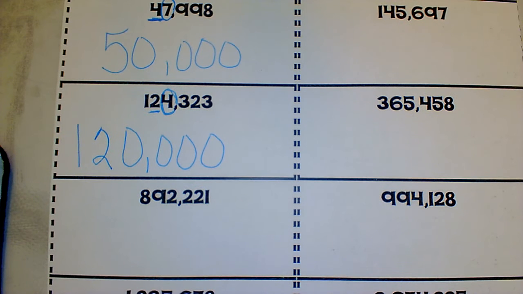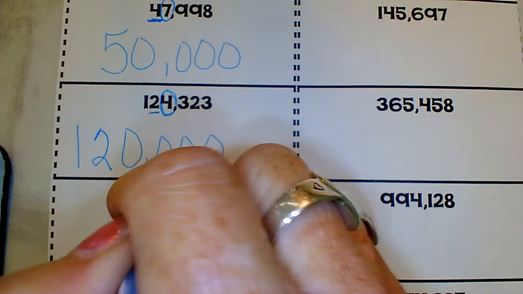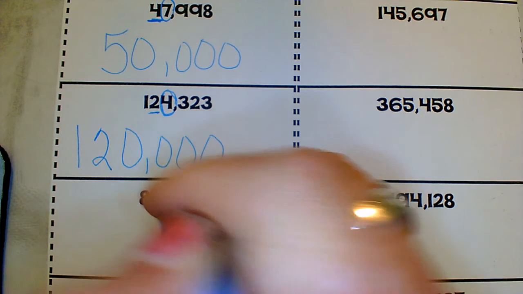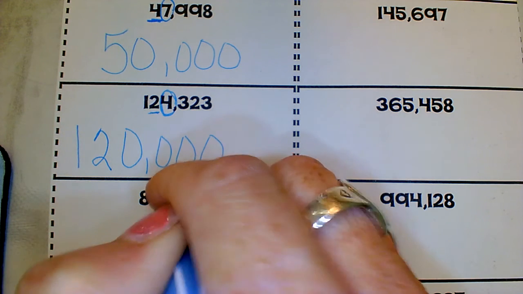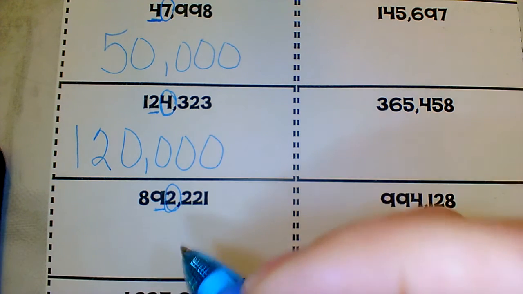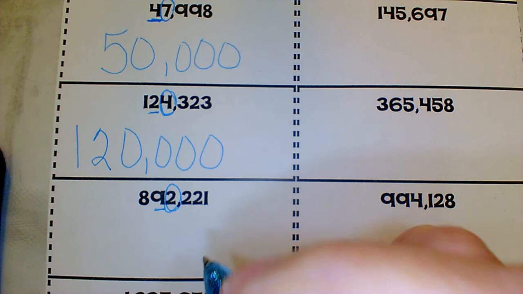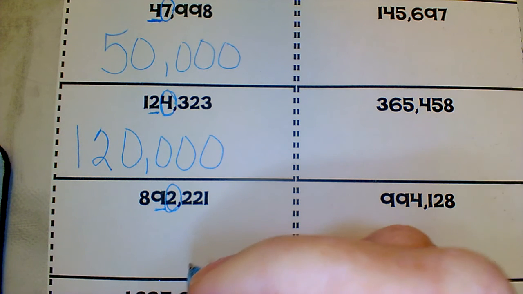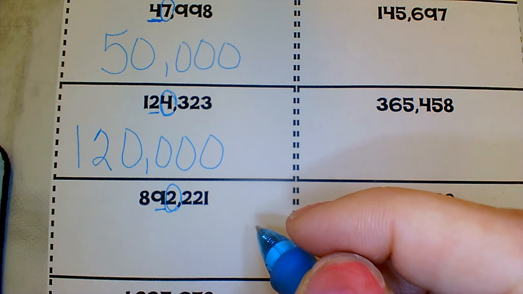Okay? Our next example is 892,221. Jesse, what number do we underline? 9. Olive, what number do we circle? 2. Harley, what is the 2 telling us to do with the 9? Nothing. So what are we going to write, Elijah?